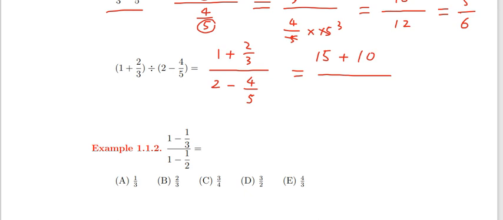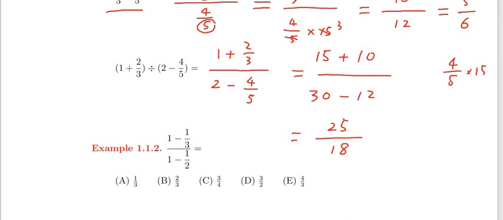Then 4 over 5 multiply 15 is 12, right? So we find this number is equal to 25 over 18, right?